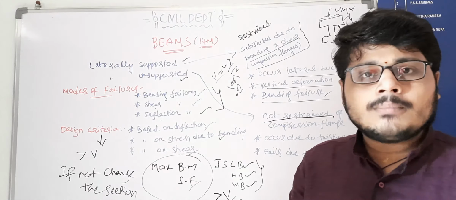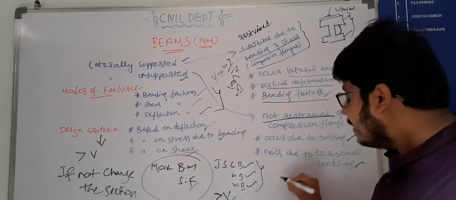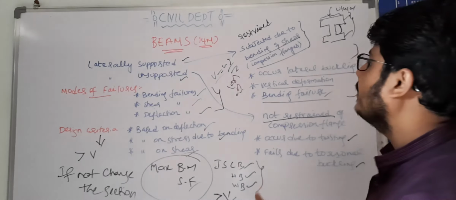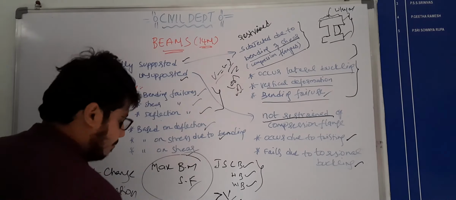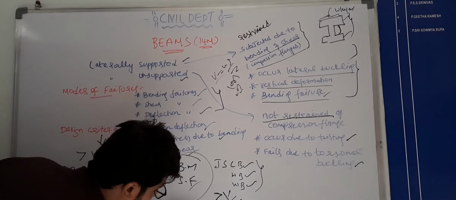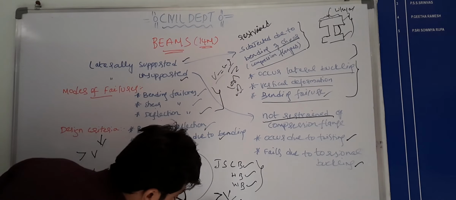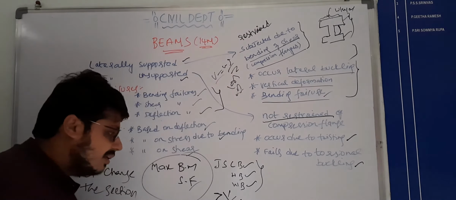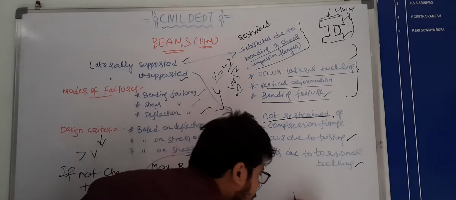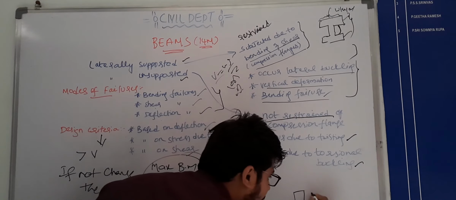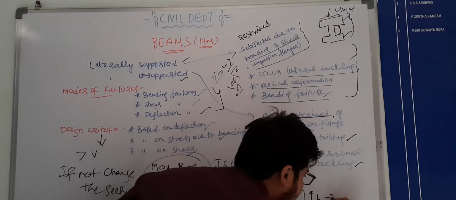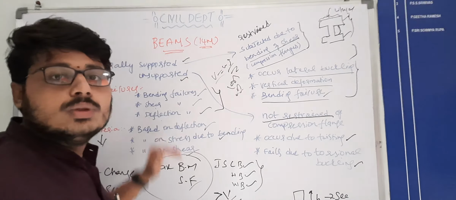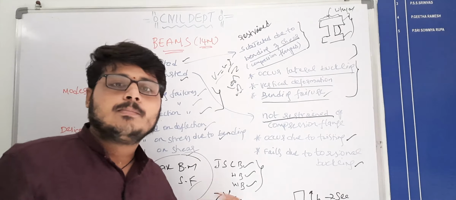In some problems, they will say the beam is restricted to some height. There will be a restriction of height. We should take only sections of that height, do the checks and solve the problem.